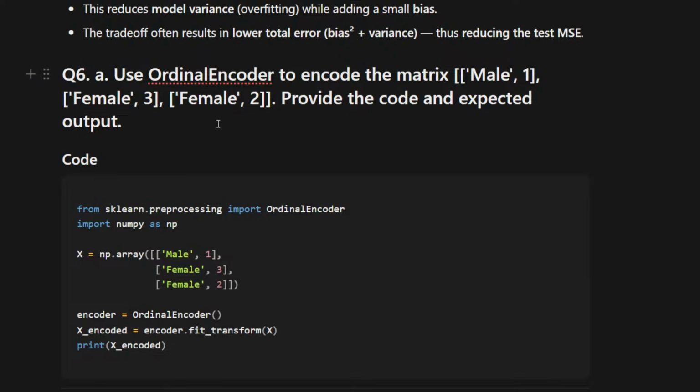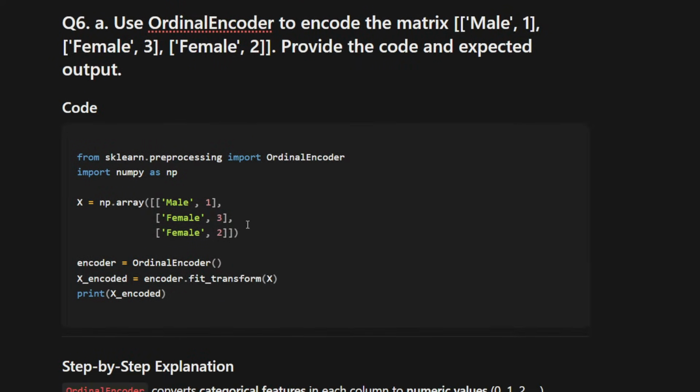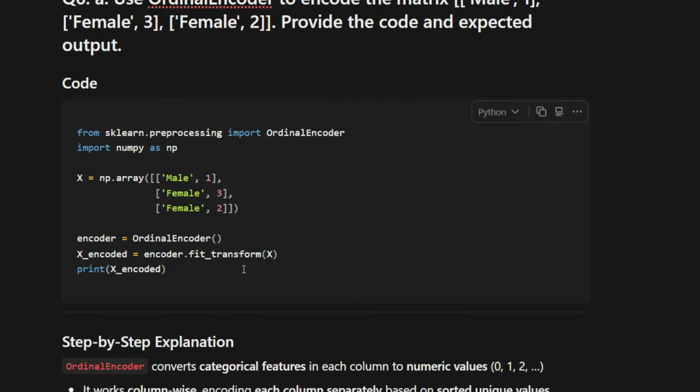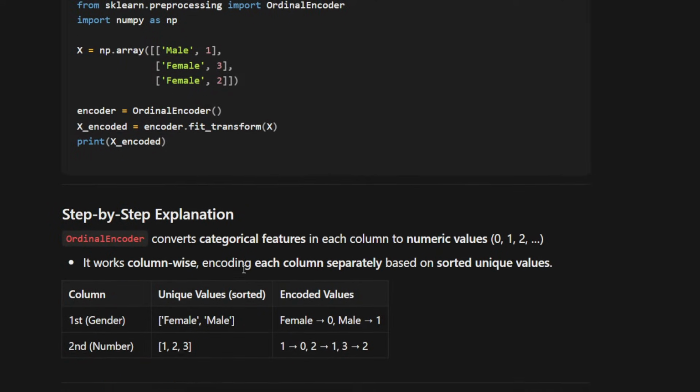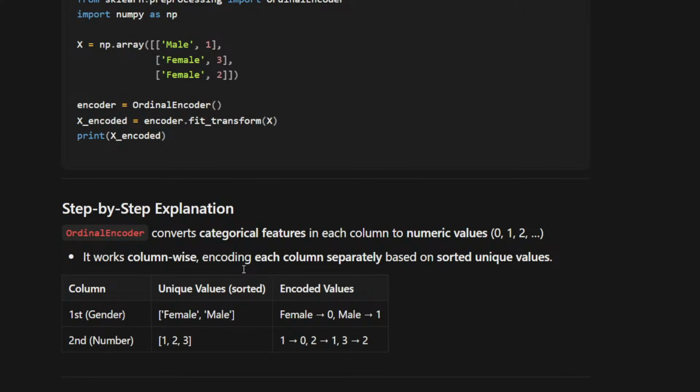Okay, the next question is to use an ordinal encoder to encode the matrix. I think we have covered the same question already in the coding section, so I am skipping the code, but I'm explaining the sample output and how it came. In an ordinal encoder, the numeric values are encoded based on ascending order, and the text is encoded based on the ASCII value.